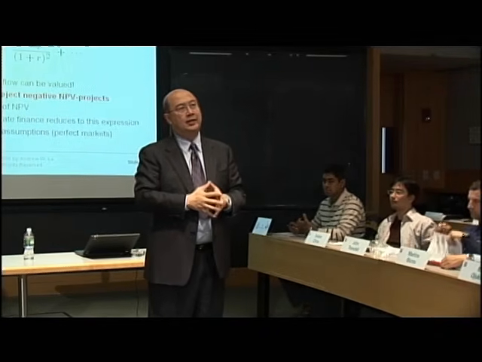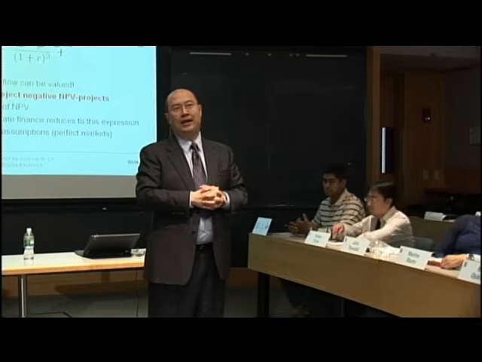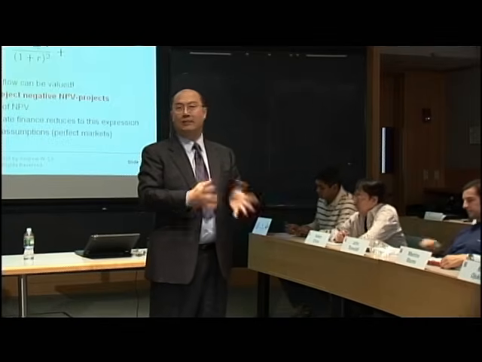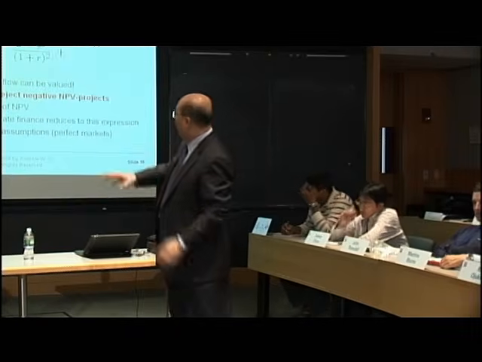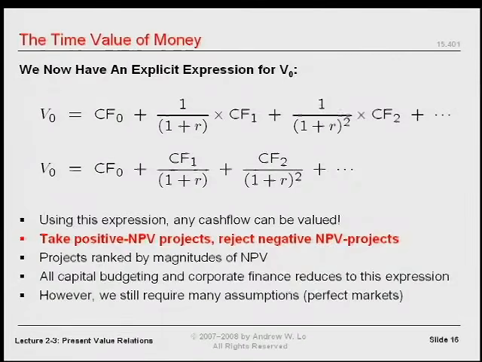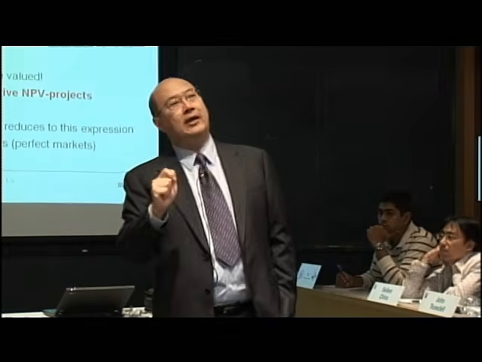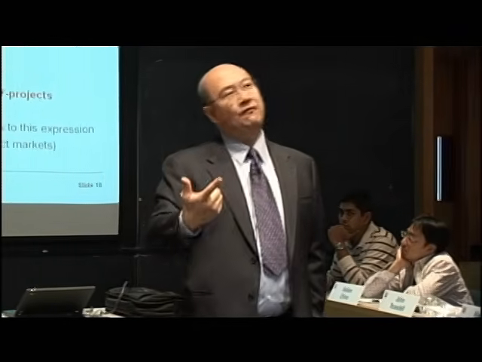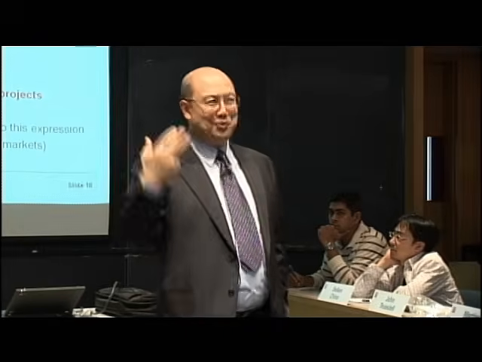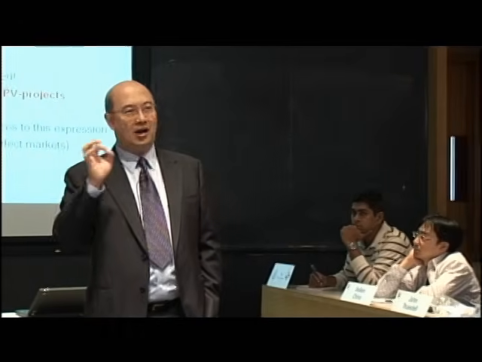This is lecture 3, and we're going to continue looking at present value relationships and the time value of money. Last time, we were left with the expression for the value of an asset as simply being equal to the cash flows discounted with the appropriate discount factors, where I've assumed, for simplicity, that the discount rate between 1 year and the next is constant and given by the interest rate or discount factor or cost of capital or user cost or opportunity cost R, okay?